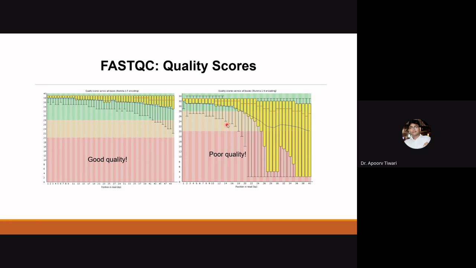And if it appears something like this, then your read quality is low. So before analysis, you have to know whether your data is quality data or not. After that, you can go further. Generally, we use Q30 data for our analysis.